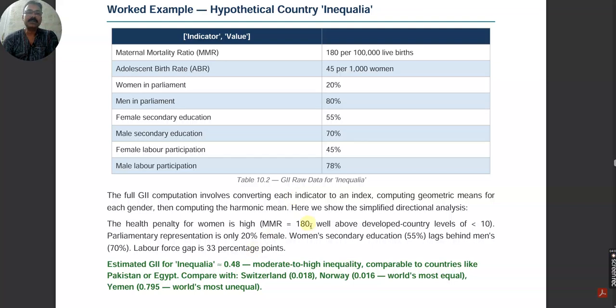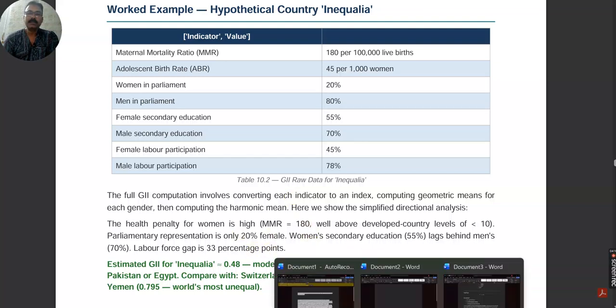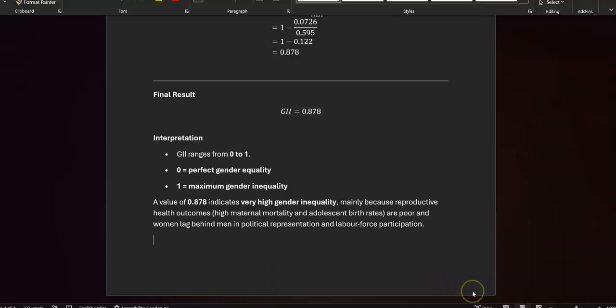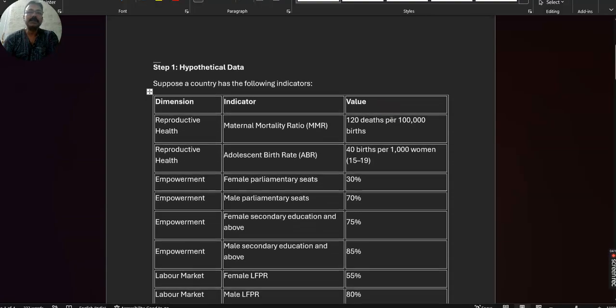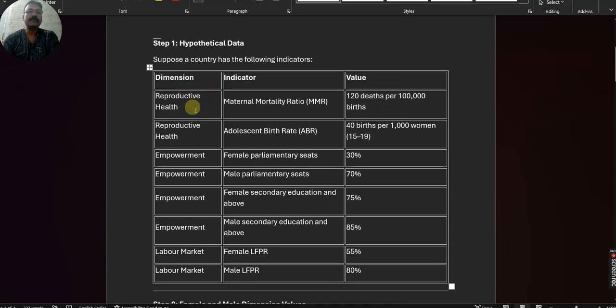Now, how can this Gender Inequality Index be calculated? It is shown in this example. Suppose the hypothetical data shows this. For reproductive health, the maternal mortality ratio, MMR, is 120 deaths per 1 lakh births. Similarly, adolescent birth rate, 40 births per 1000 women aged 15 to 19.